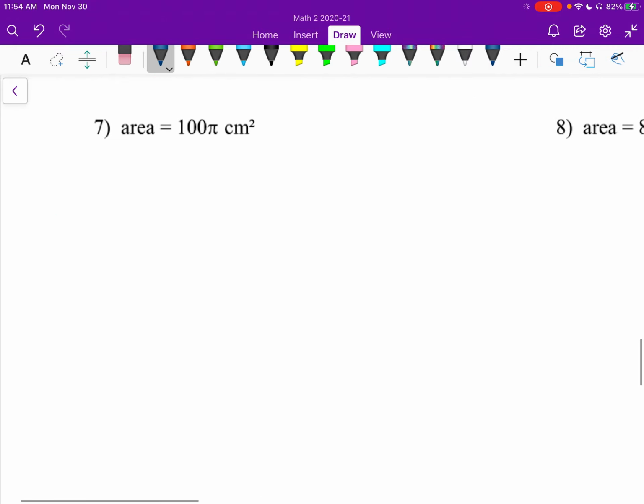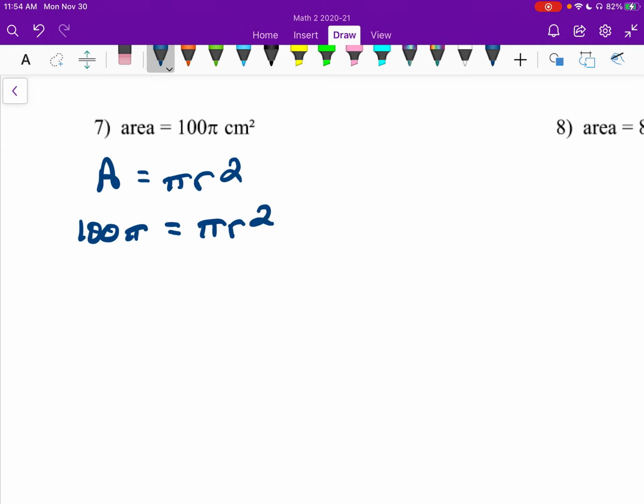Number 7. This one gives us the area, and we have to find our circumference. So for starters, I need to say area is pi r squared, and normally I use a little a there. Do I? No, I think it is a big A. So 100 pi is pi r squared. I can divide out my pi's, and I say 100 is r squared.